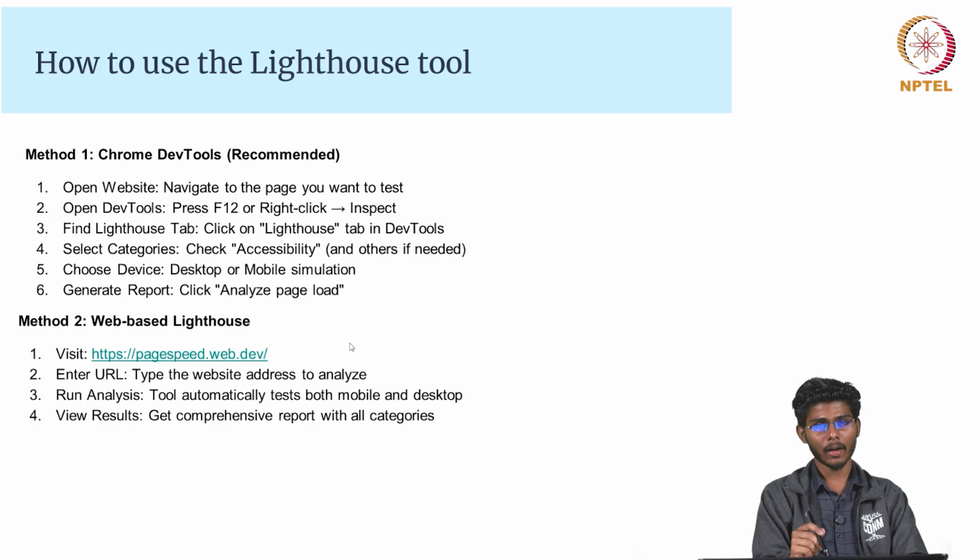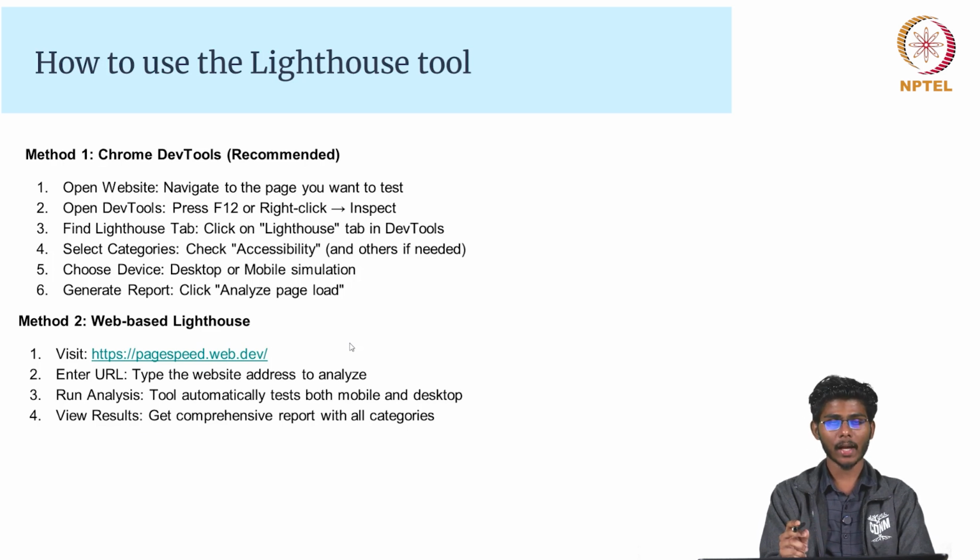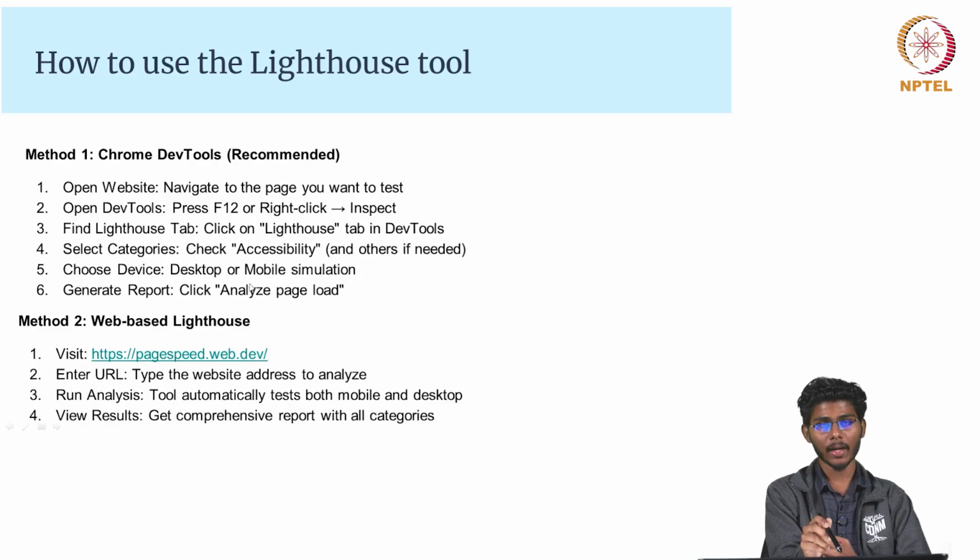It has two methods. First, we can go through the Chrome DevTools, where we can search for the Lighthouse tool. On the Lighthouse tab, we can check accessibility in the category section, and choose the device, desktop or mobile simulation.